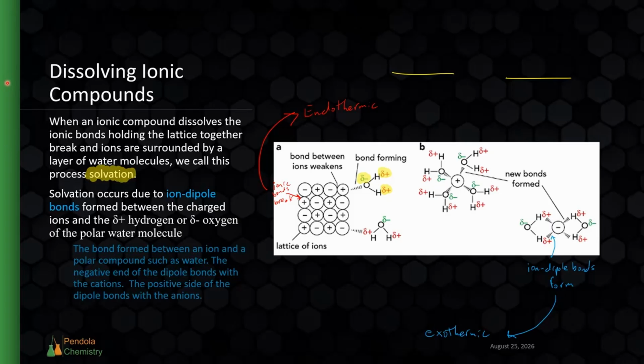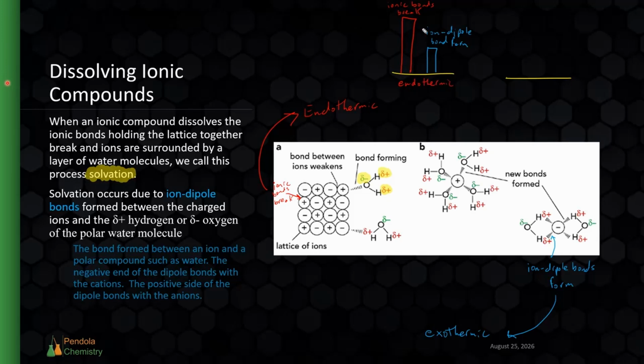If the energy needed to break bonds is larger, so ionic bonds break, so if the amount of energy needed to break the ionic bonds is larger than the amount of energy released by ion-dipole bonds forming, then in this particular case, that dissolving is going to be endothermic.